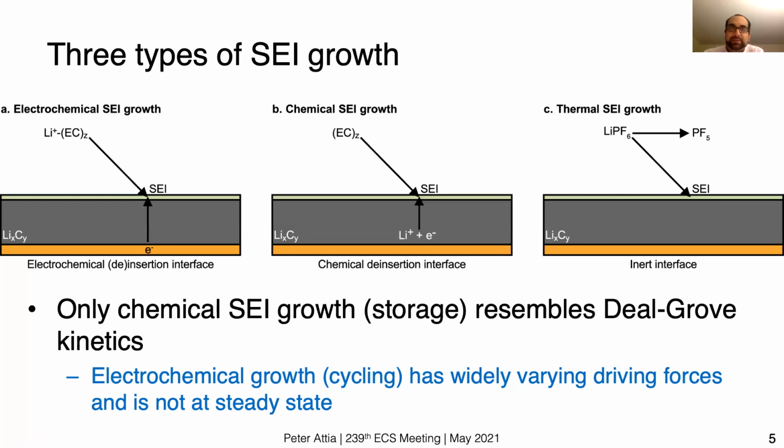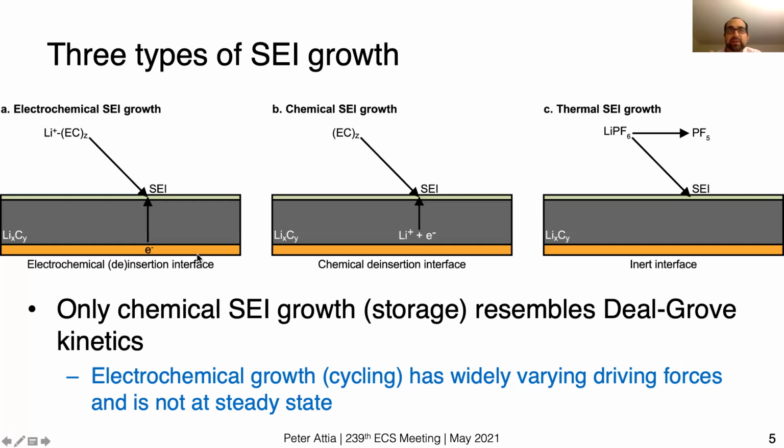So there are these three types of growth. For electrochemical growth, an important thing to note here is that during cycling, the electrochemical potential of these electrons is changing wildly throughout the cycle. So if your graphite goes, say, simply from 1 volt to just above 0 volts, the driving force for this reaction is changing dramatically throughout that cycle.